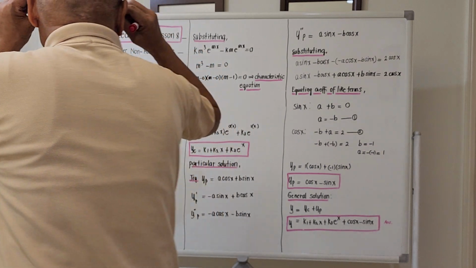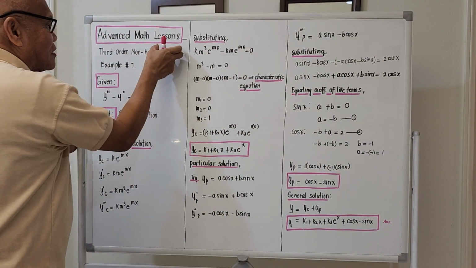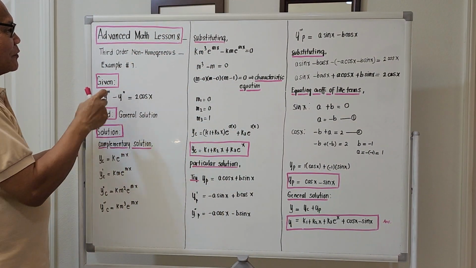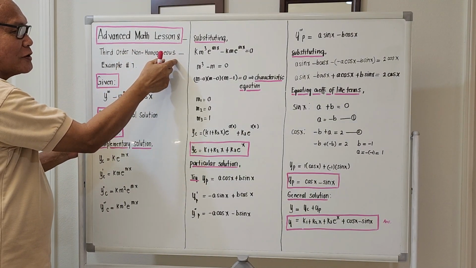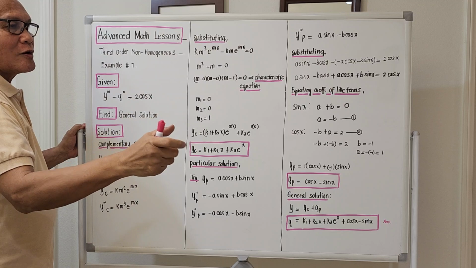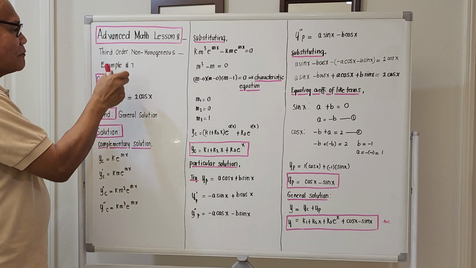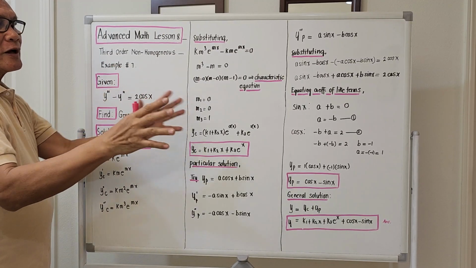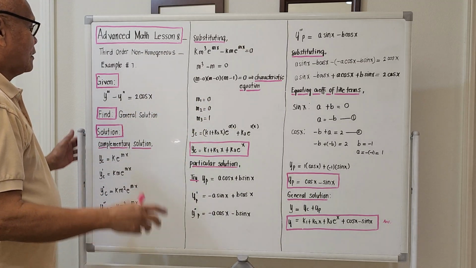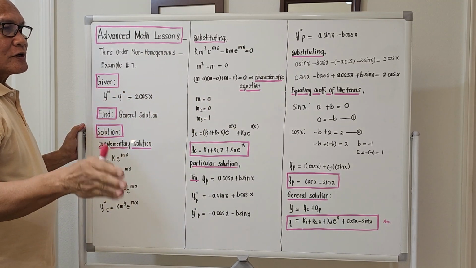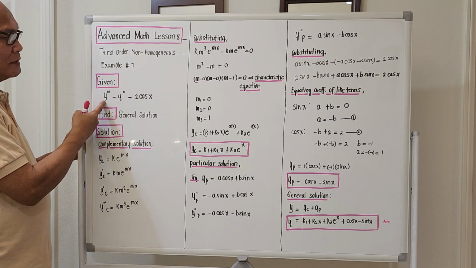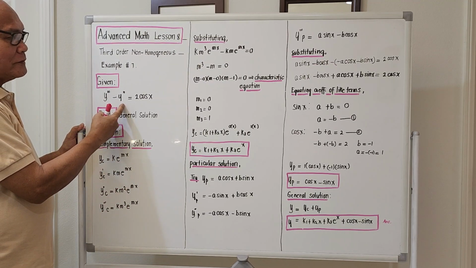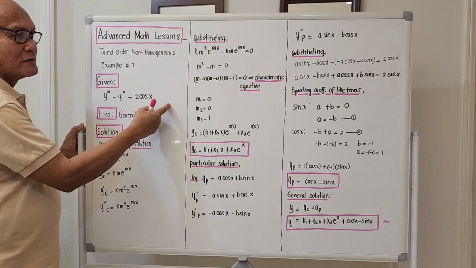We are now on lesson number 8, advanced mathematics lesson number 8. For the meantime, we are given a third order non-homogeneous differential equation. So this will now be evaluation problem example number 7. The given third order differential equation which is non-homogeneous is y triple prime minus y double prime is equal to twice cosine of x.